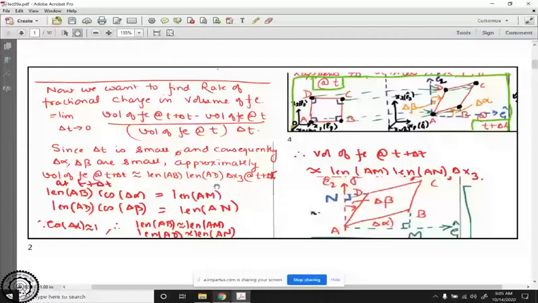In this case, when we have assumed a two componential and two-dimensional velocity field, nothing happens to delta x3. The length of the fluid element in the third direction remains the same at t plus delta t. So this is the first approximation.